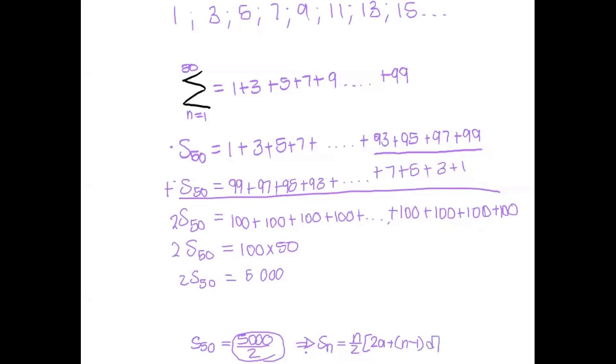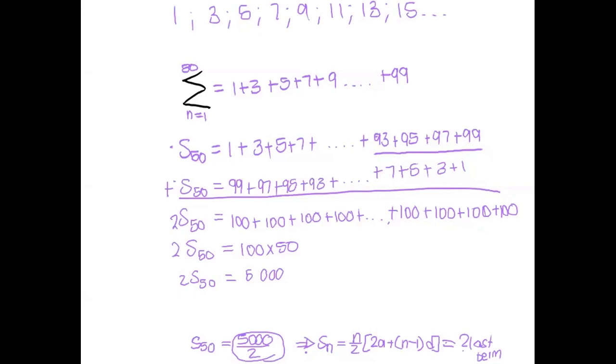So that is your general formula for determining an arithmetic series, a finite arithmetic series. Most of your arithmetic series are always going to be finite. And this is for when you don't know the last term.